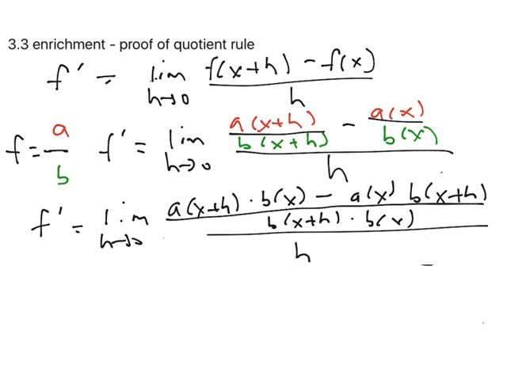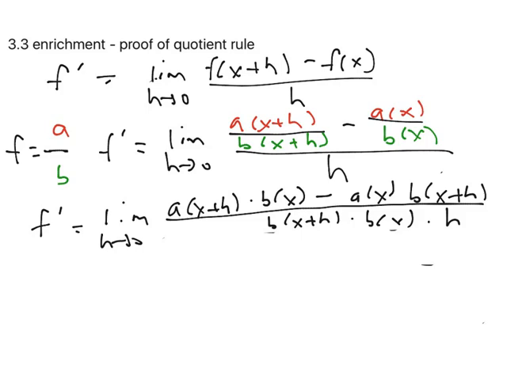Of course, I could simplify this. If you have a divided by b divided by c, that's the same as a divided by b times c. So I just put the times h here to simplify things.